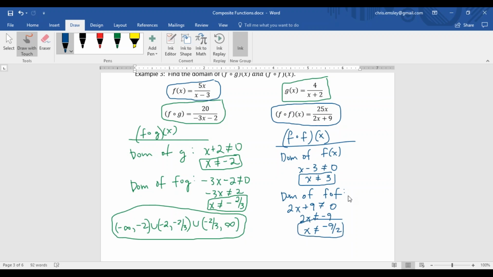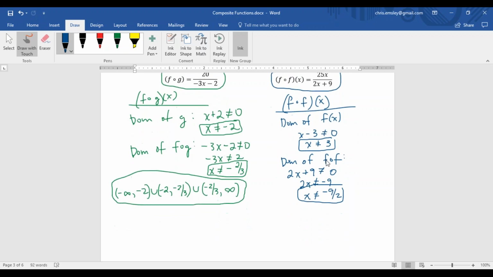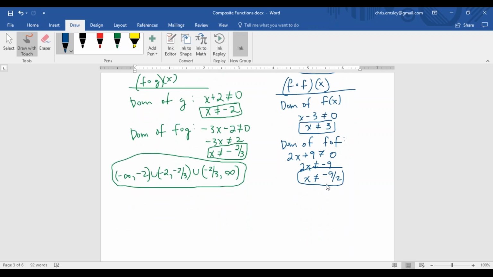So again, in words, for this composite, our domain would be all real numbers except negative 9/2 and positive 3. In interval notation, start at negative infinity, stop at negative 9/2 to kick that number out. Continue on again until you get to 3 and stop there to exclude 3, and then continue on to positive infinity. That would be the domain of f of g of x.